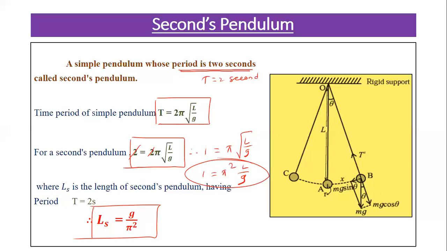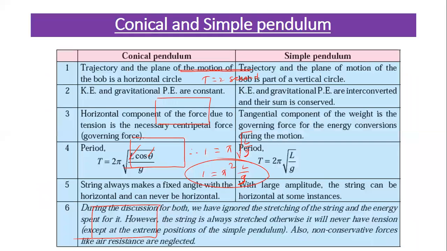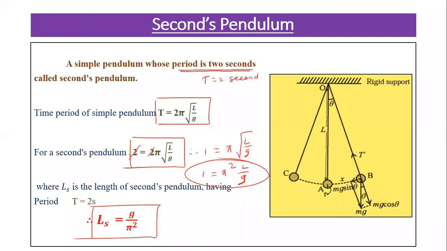Now you know the value of g, everybody knows. The value of g is 9.8 approximately, and π is 3.14 squared.